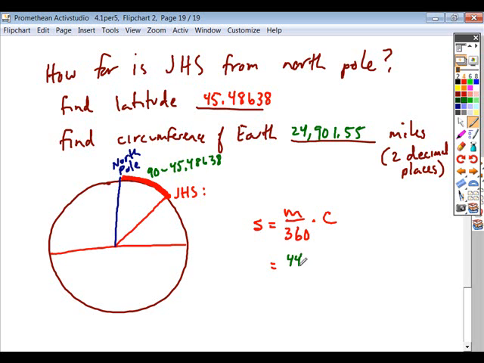Okay, so that winds up being 44.51362 over 360, and we're going to multiply that by 24,901.55. And so when we calculate this, we get what distance, approximately?